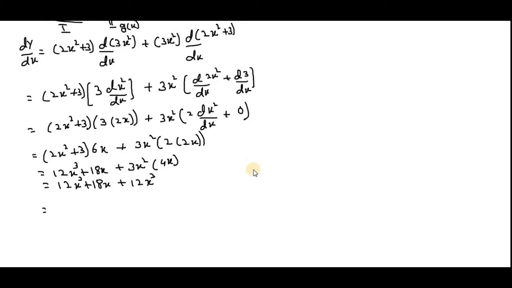So on simplification we get 24x cube plus 18x. This is the derivative using product rule.